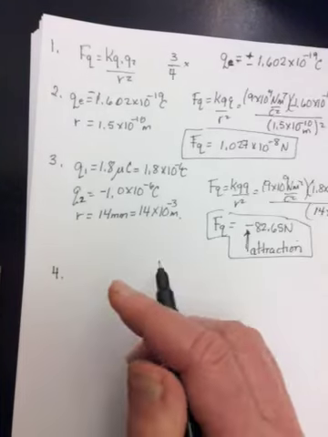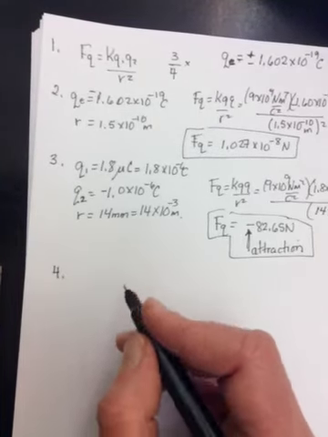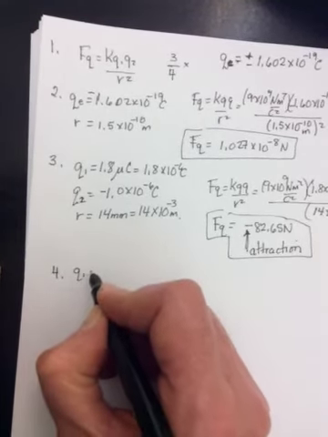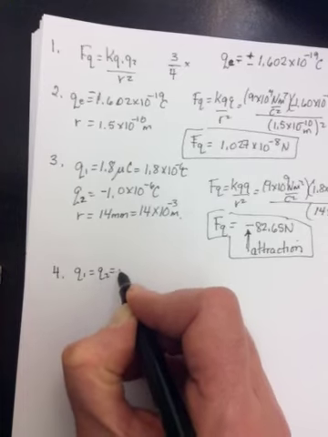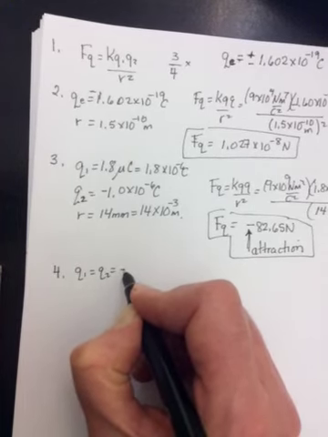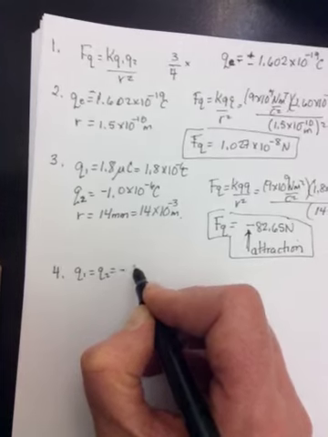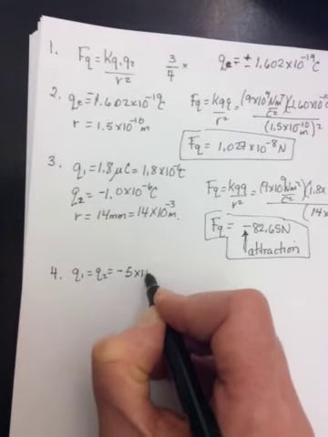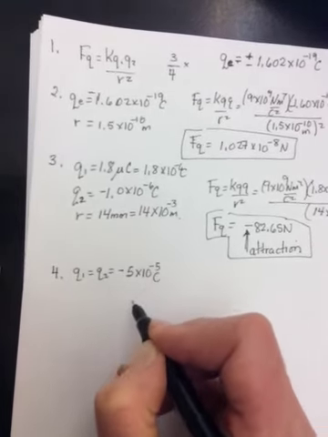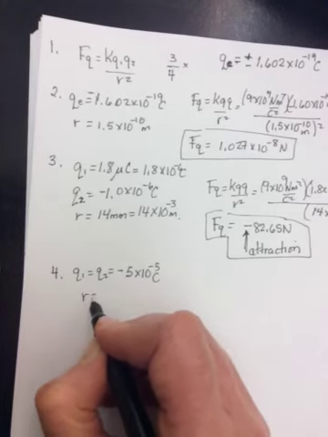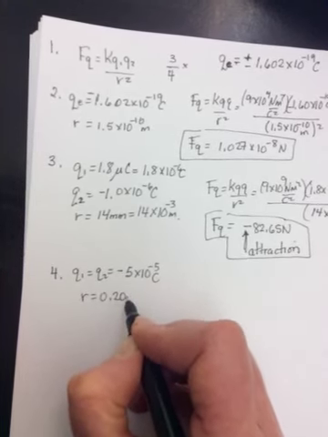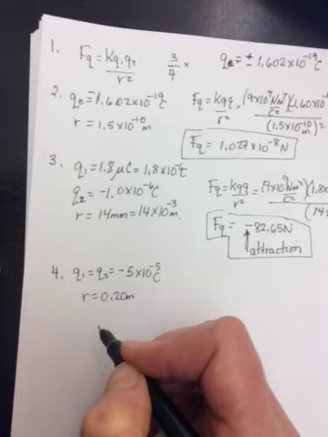Number 4, two negatively charged objects, and they're the same. So Q1 equals Q2 equals negative 5 times 10 to the negative 5 coulombs. Are 0.2 meters from each other. What is the force?